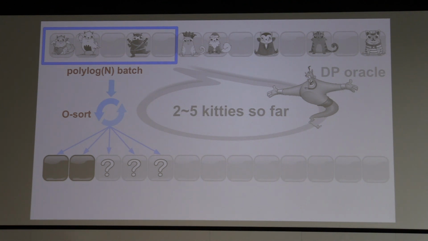But in general, if the input is longer, you truncate it at 5 because this oracle tells you there are, with high probability, at most 5 kitties. So now, given this oracle's advice, I know almost surely that the first 2 cells have been occupied. But for the remaining 3 cells, I'm not sure. They could be occupied. They could be empty.